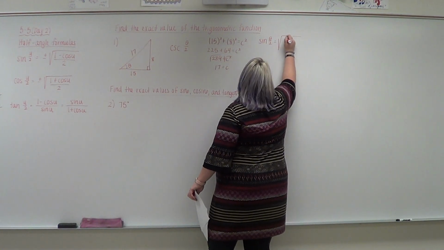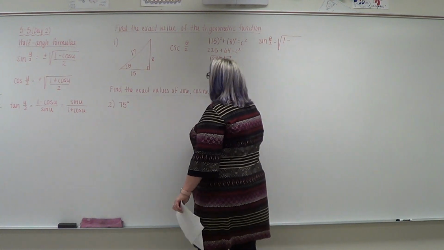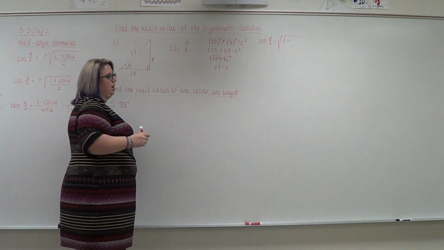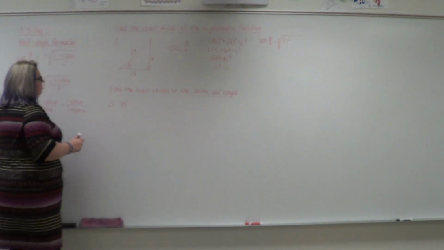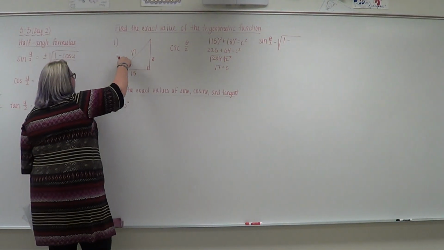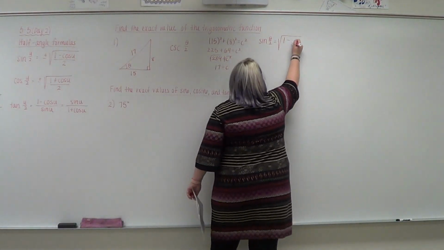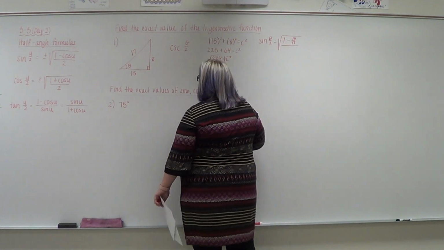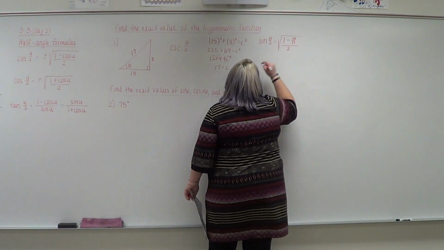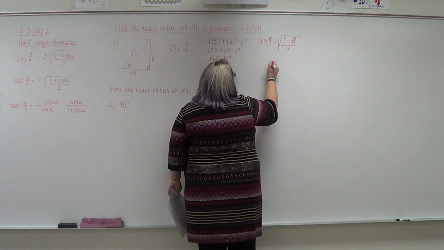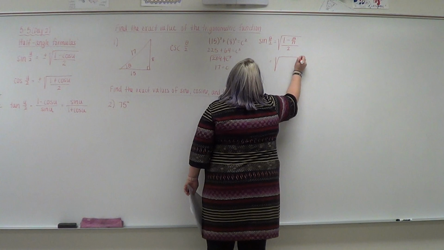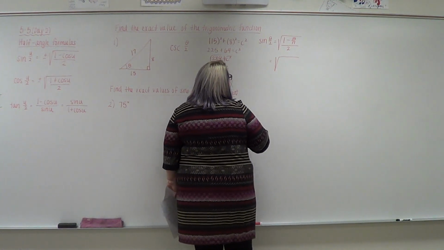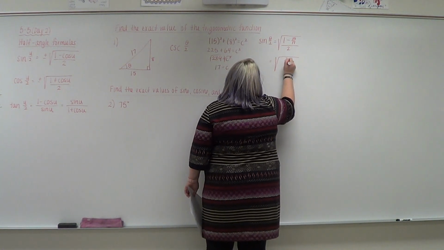So I would have 1 minus, okay, cosine, that's adjacent over hypotenuse, so 15 over 17, divided by 2. So this would be 1 minus 15 seventeenths is 2 seventeenths.